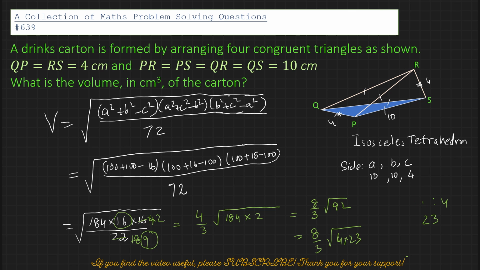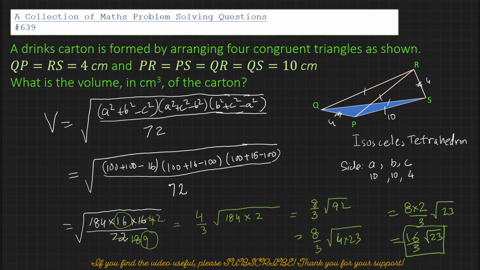That equals 8 times 2 over 3, square root of 23, or the answer is 16 over 3 square root of 23, and that is the volume.